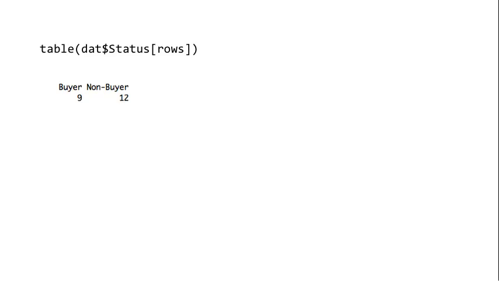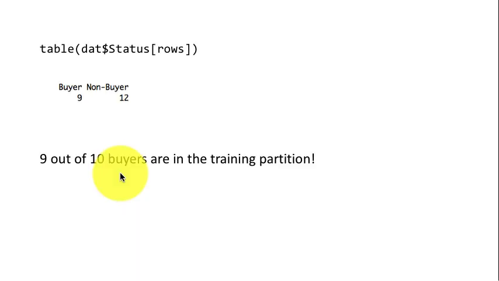But that did not happen in our random sampling. This is not a desirable state of affairs, because what we really want is the rows that we select for the training partition to be reflective of the overall distribution as well. If it's not, then that's not a great idea.